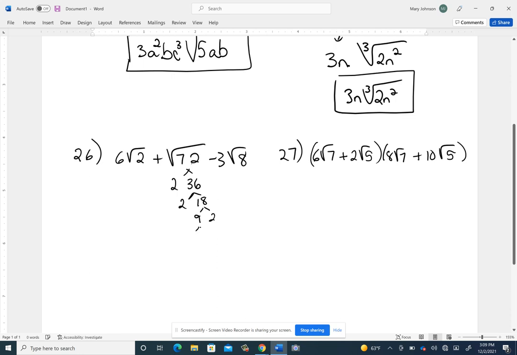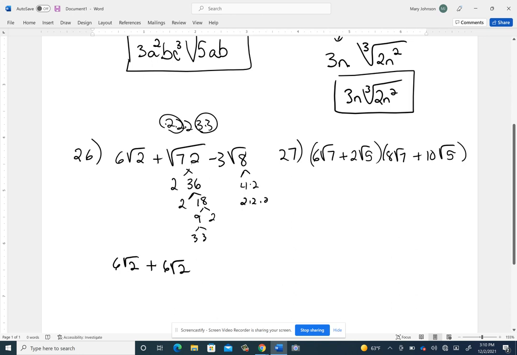You can do that a bunch. So you finally get that 72 is 3 2s and 2 3s. And then 8 is just 3 2s, right? So your first term is fully simplified. Your second term is actually going to be a 6 on the outside with a 2 left underneath.